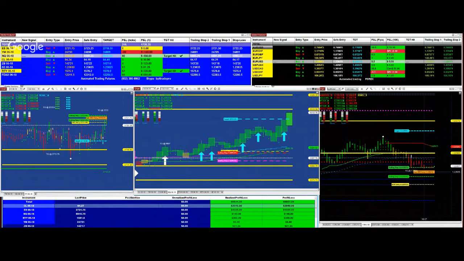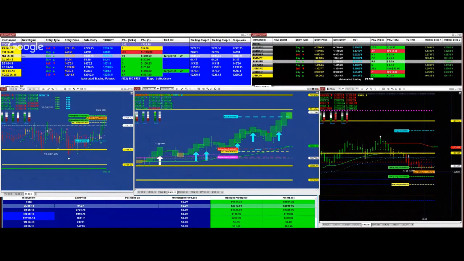Let's see what we have. We're about to have a new signal on the ES. Let's look at it, it's a matter of time. Nasdaq already hit the target. If you notice, on the market analyzer it says your entry.